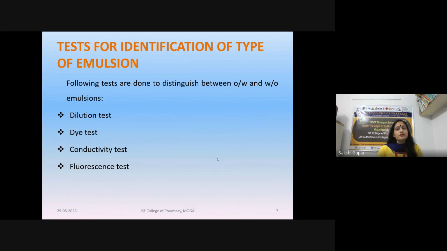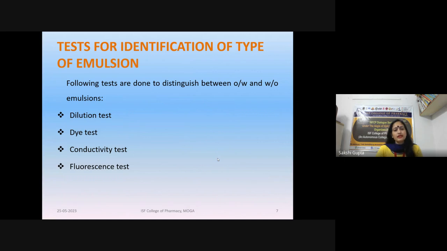But in case of a water in oil emulsion, if we dilute it with water, it will get disturbed. The emulsion will become unstable. There will be complete phase separation; oil and water will be separated. So this test will help us in distinguishing between the oil in water type and water in oil type emulsion.